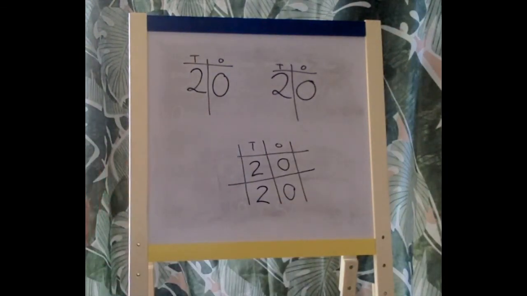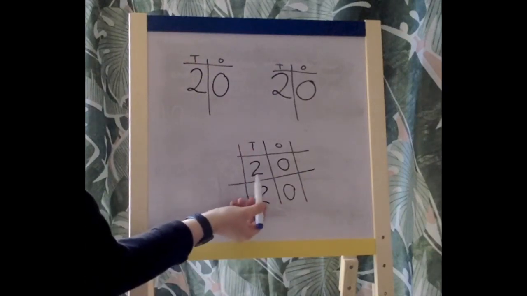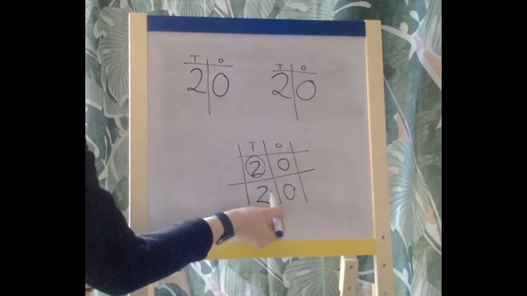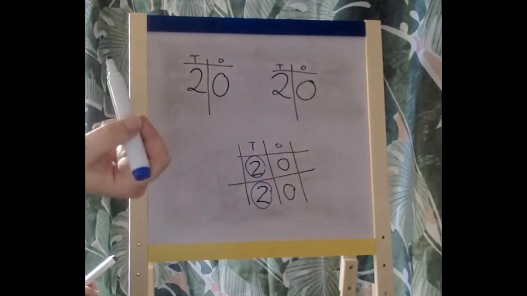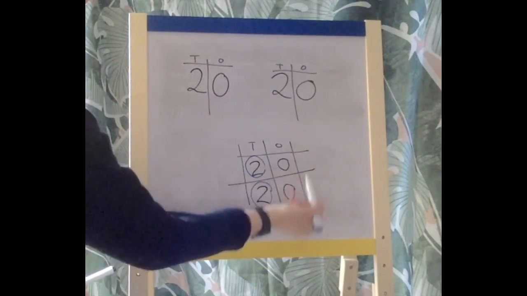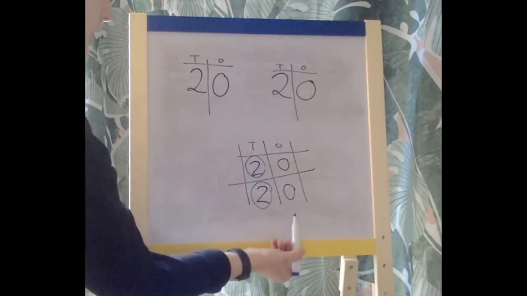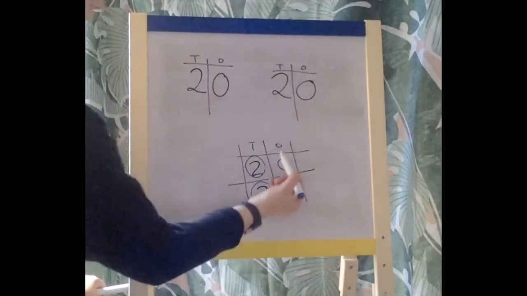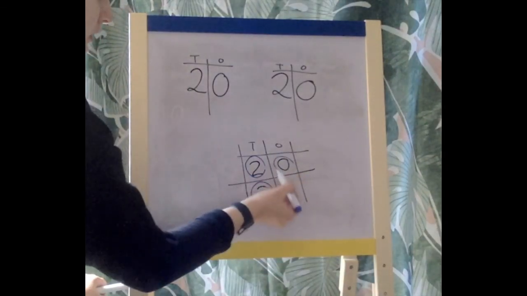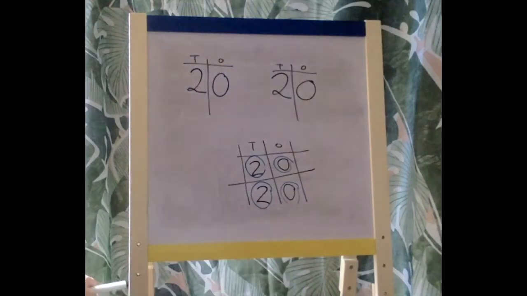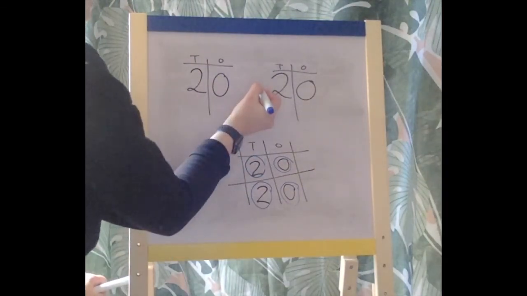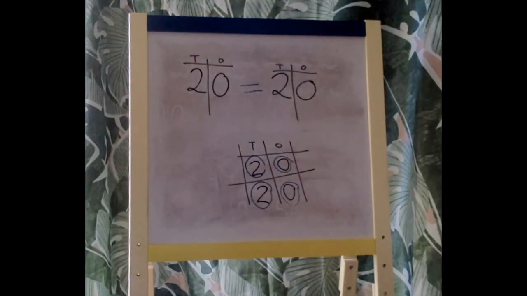Now we need to figure out which number is bigger. So here we've got a 2 in the tens and 2 in the tens. That doesn't tell us much, does it? So we move to the right, so we always start from the left and go to the right to figure out which number is bigger. In the ones column, we've got a 0 and a 0. So these numbers are exactly the same. So when this happens, we write an equal sign like that.